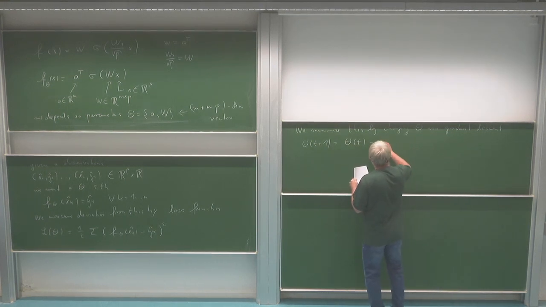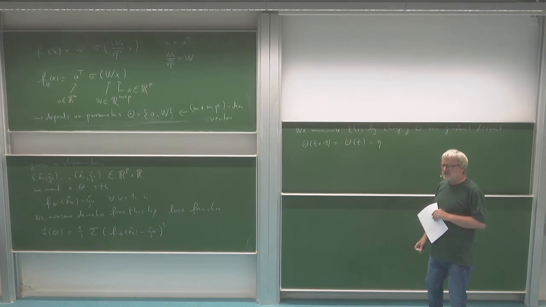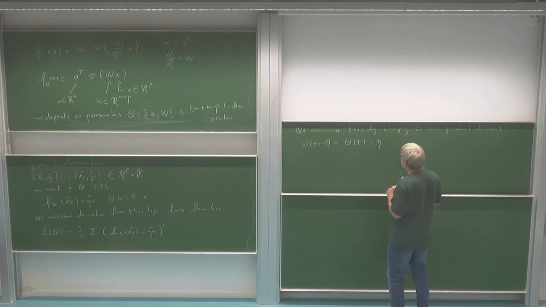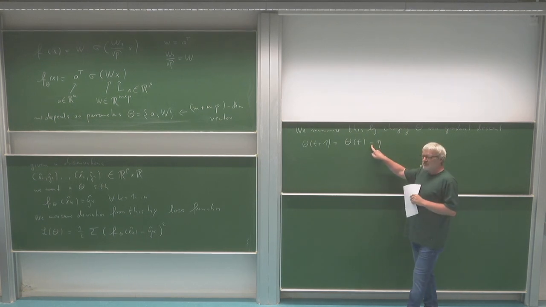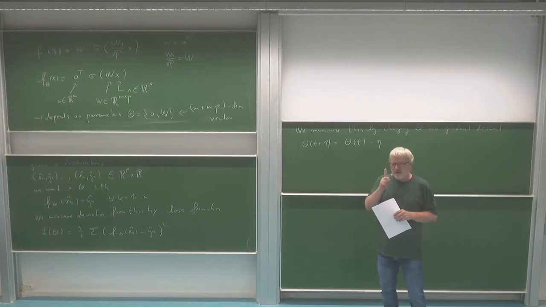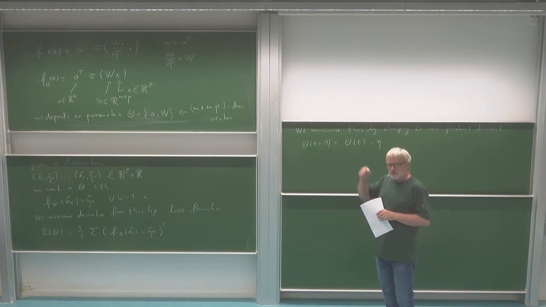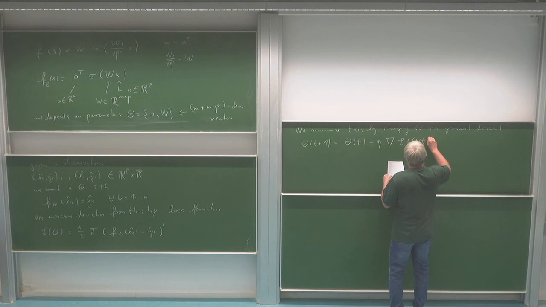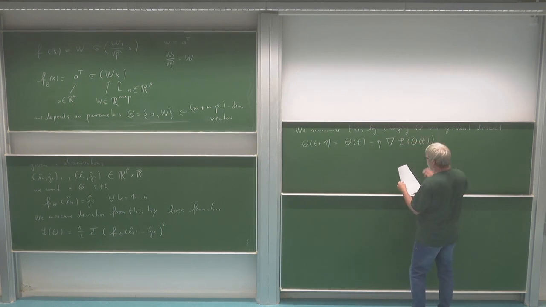Of course, I should have here a learning rate or step size which tells me how much I change it in this direction, and of course I take minus here. The gradient shows in a direction where this thing increases. I want to decrease it, so I should go in the opposite direction. Then I take the gradient of my loss function at the parameters which I had in the step before, and the gradient is with respect to the parameters.